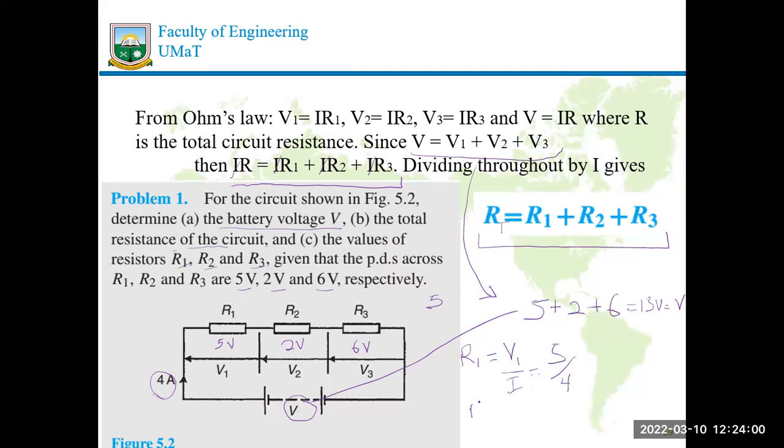In the same case, I can find R2, V2, which is equal to 2, divided by the current, since the current is the same. Then R3 as well, V3 divided by I, that gives me 6 divided by 4. And that answers this question. So it's quite easy.